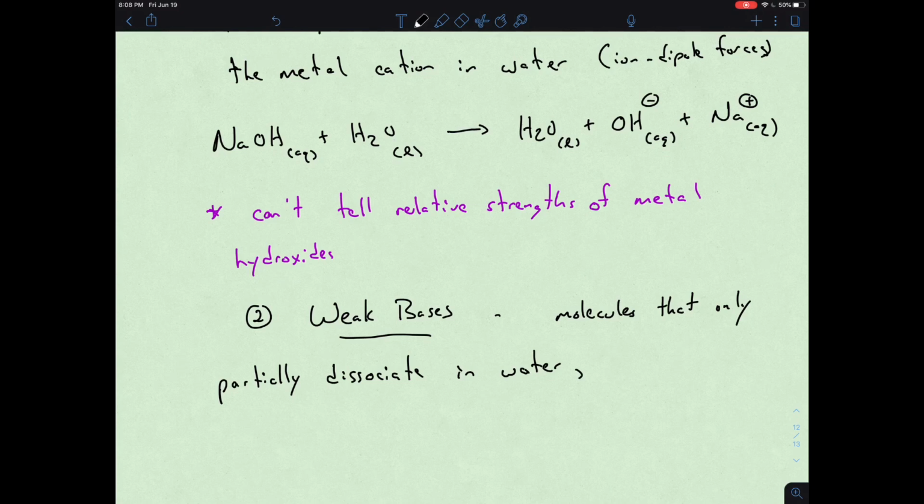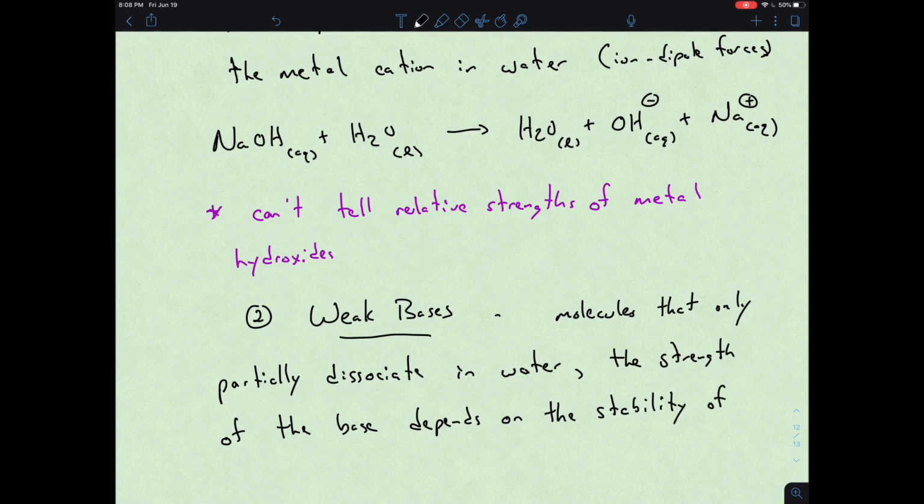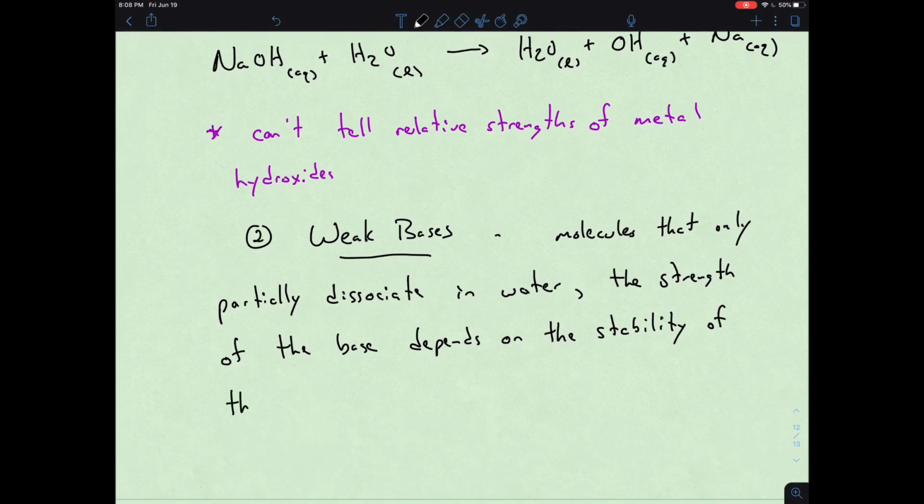And again, the strength of the base depends on the stability of the conjugate acid.